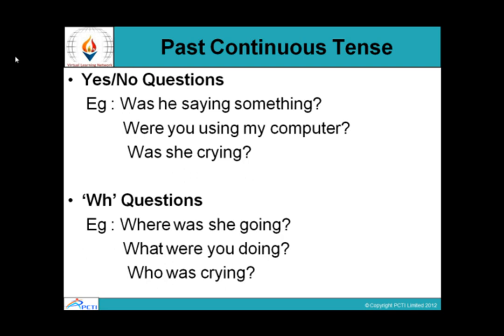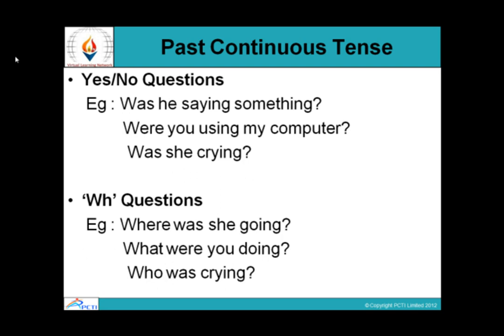Was he saying something? You were using my computer. Were you using my computer? Was she crying? Was is the helping verb. Remember, was is used with singular nouns and pronouns, and were is used with plural nouns and pronouns.